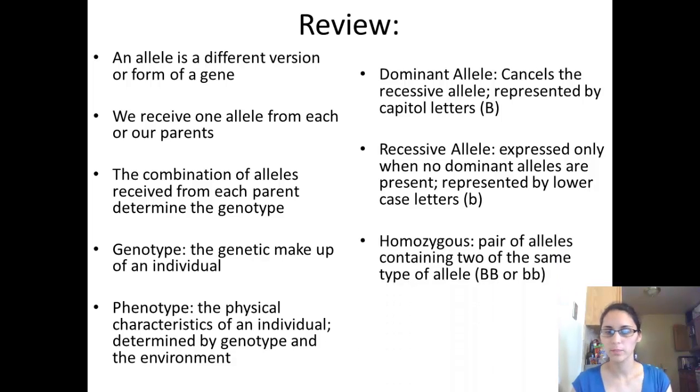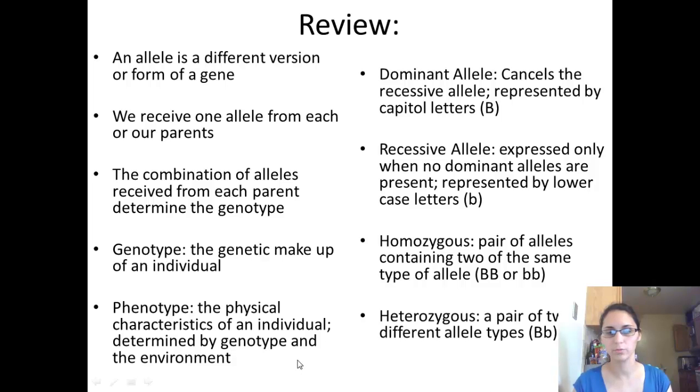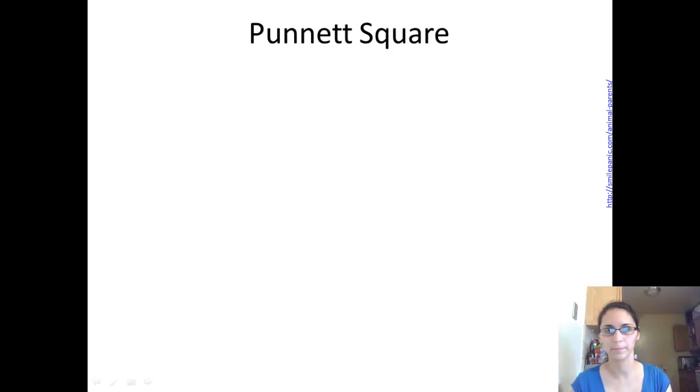Homozygous is a pair of alleles that contain two of the same type of allele. So there's either two dominant alleles or two recessive alleles. So they're homozygous, the same type. While heterozygous is a pair of two different allele types. So for example, there's a little b and then a big B, so dominant and a recessive.